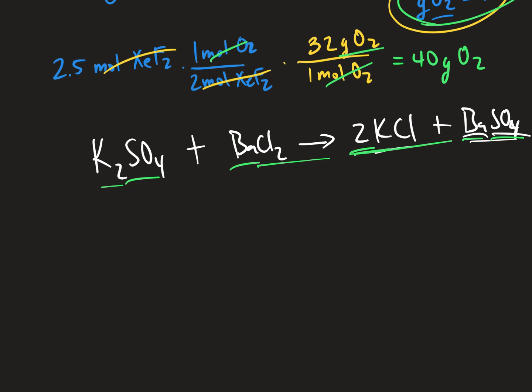So let's say we want to know how many grams of potassium sulfate we need in order to completely react with 29.8 grams of barium chloride. That way we don't have any leftovers, right? We don't waste anything.